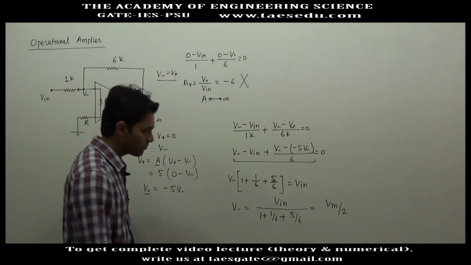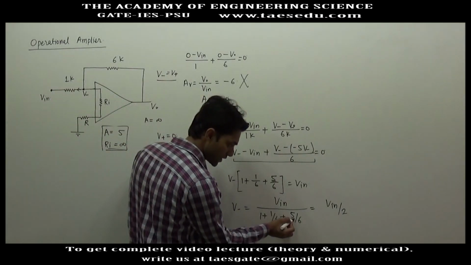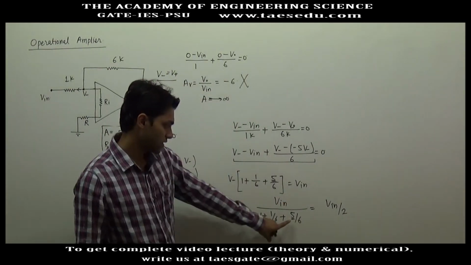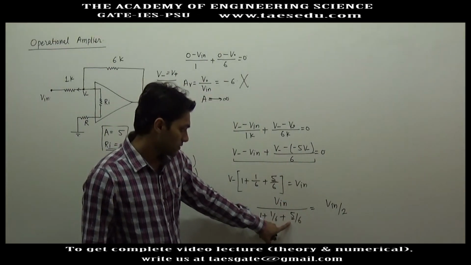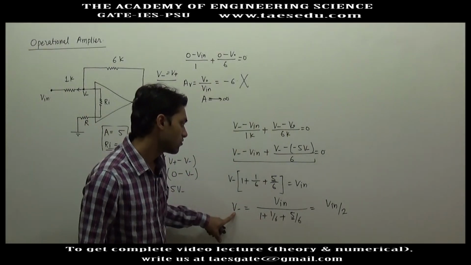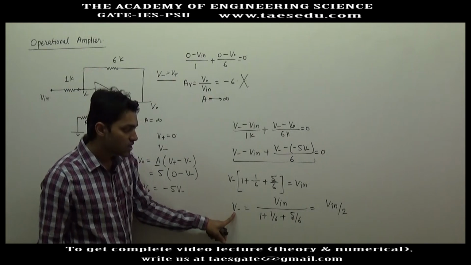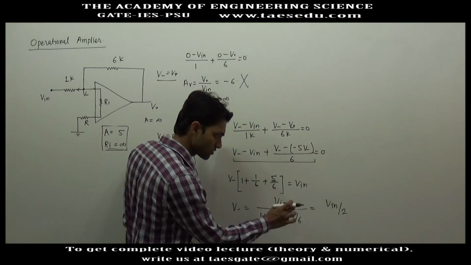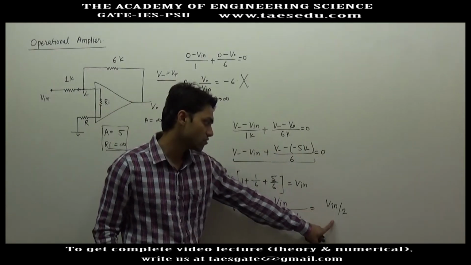But if the gain here, instead of 5, was tending to infinity, what would be the value of V minus? V minus would tend to 0. Since the gain is not infinite, we are getting a finite value of V minus.